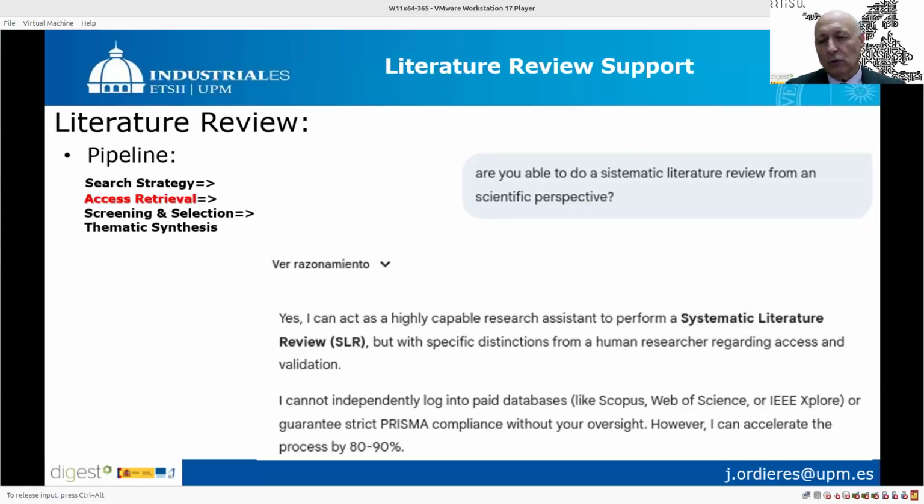So I used, I think it was ChatGPT, asking if the LLM was able to do a systematic literature review. And then you can see the answer. This is basically yes, but as an LLM I cannot go into the paid databases to make the search. This is why I'm marking access and retrieval in red, because this is something you need to do by yourself.